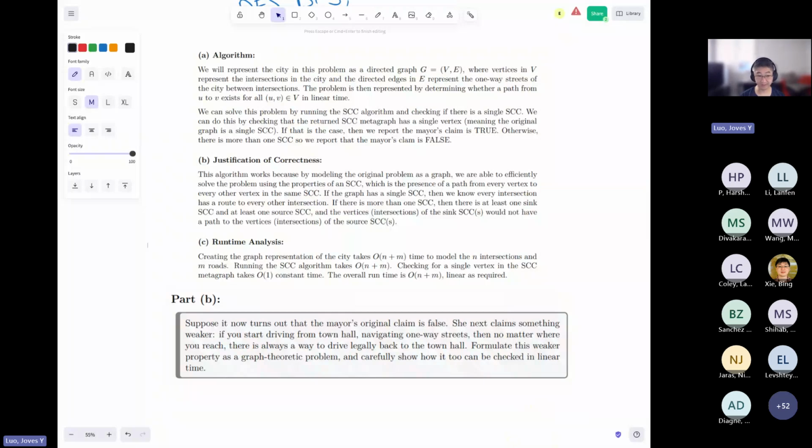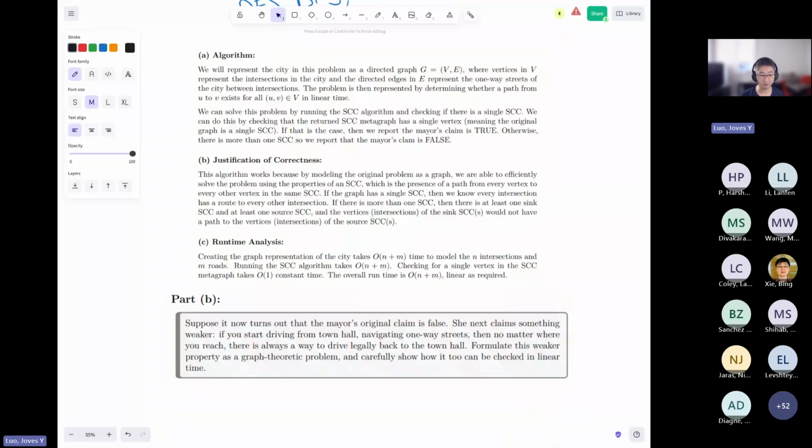That's perfectly valid. The second thing is that if the SCC you're in has no outgoing edges, because the second you leave your SCC, you can't come back to it. That's what an SCC ends up being. So if you have a road that leaves the SCC to another SCC, you're never going to come back, because if you could come back, you would already be in the same SCC, right?